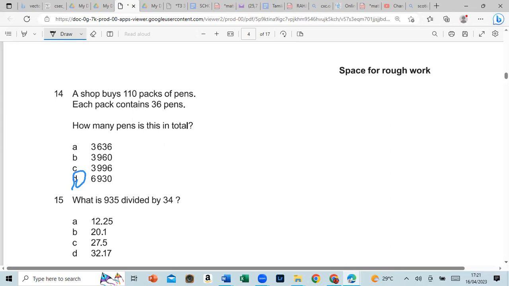All right, I agree. But there's an easy way we can do it. We can split this 110 into 100 and 10, right? Because if we have 100 and we have 10, that is still 110. So we can multiply this by 36 and we just add the zeros.